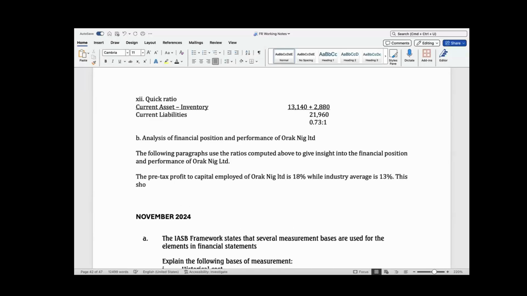This shows that the entity makes more profits on every sales than most entities within its industry.